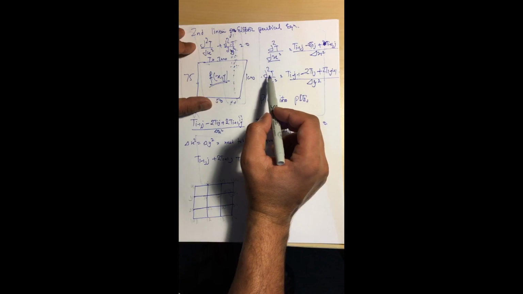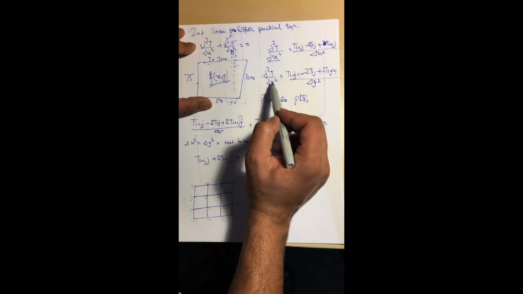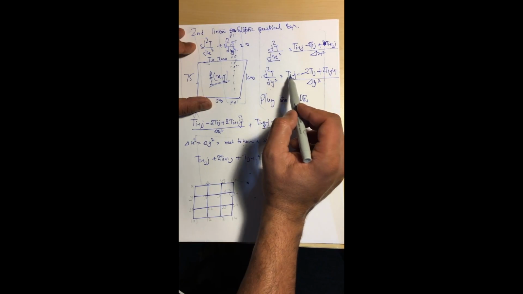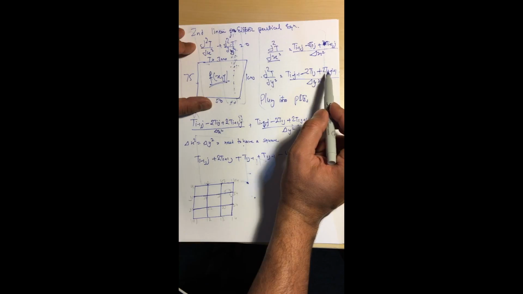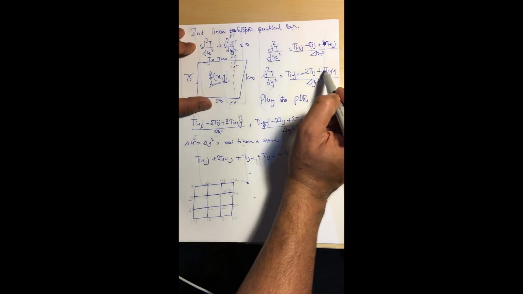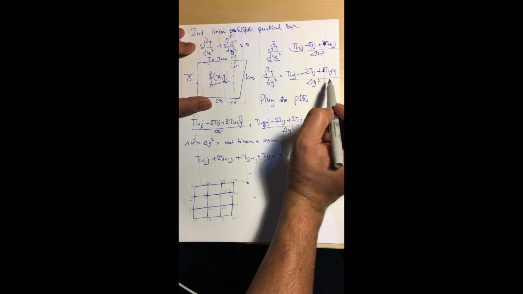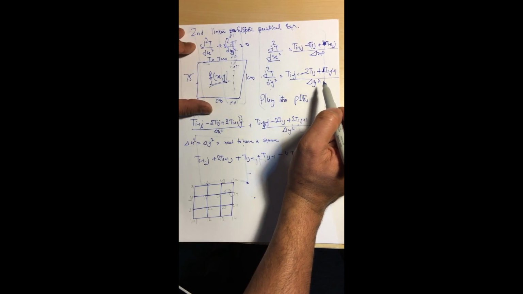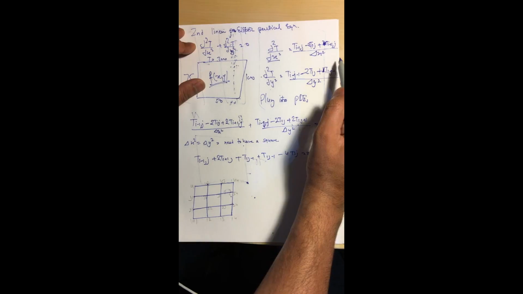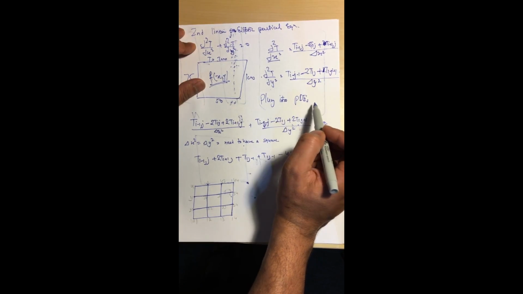For y, d squared T by dy squared is T(i,j-1) minus 2T(i,j) plus T(i,j+1) divided by delta y squared. Okay, so plug these discretized equations into our PDE.